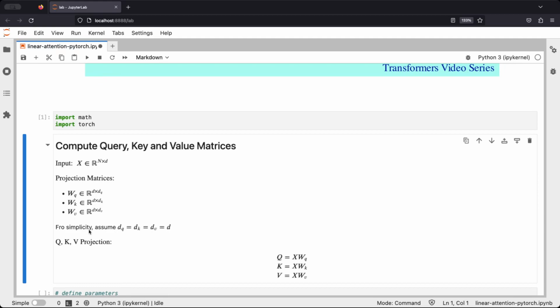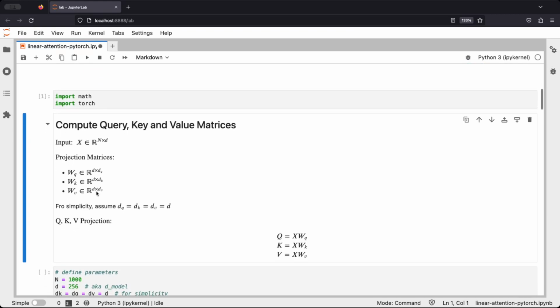For simplicity, we assume that the dimensionalities of DQ, DK, DV are all equal to D, which is the input X representation. Once we have these 4 matrices, then we can build our Q, K, and V, query, key, and value, with these projections. Q, K, and V are obtained with projection of X with WQ, WK, and WV.